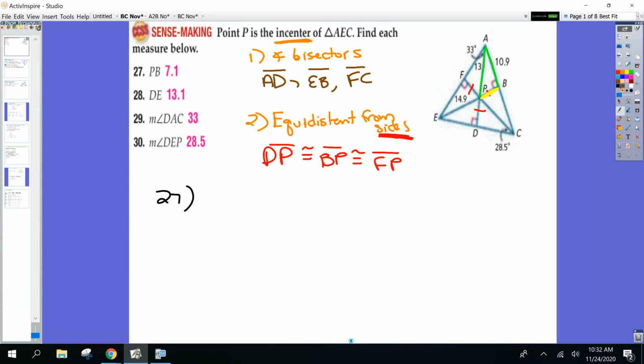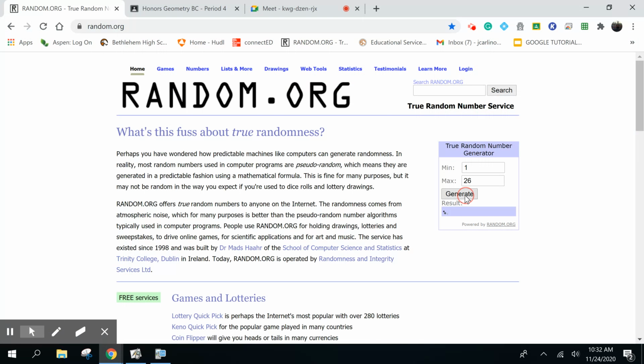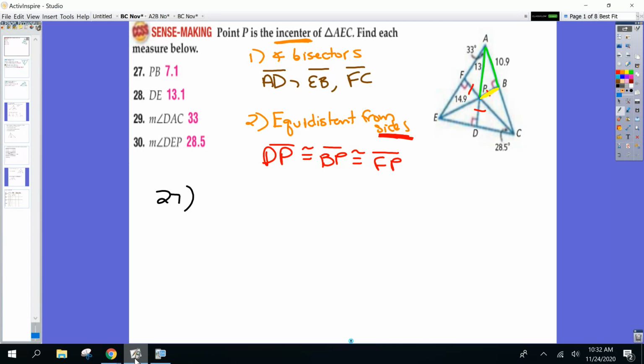Everyone see that right triangle? How many sides do I already know on triangle PBA? Gideon, on fire today. 2. And the third one's the missing one.